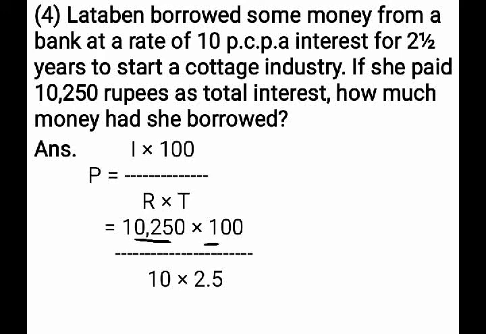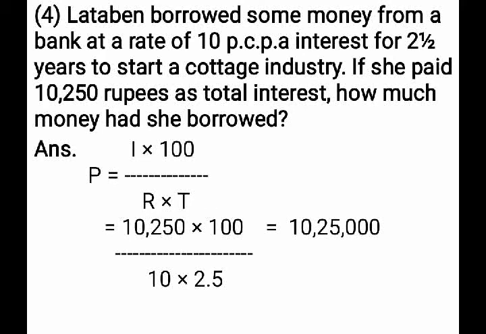Then the last two zeros you have to write as they are. When you multiply 10,250 by 100, the answer is 10,25,000. I wrote the last two zeros here, and then 10,250 ones are 10,250. This is the simplest way to multiply.